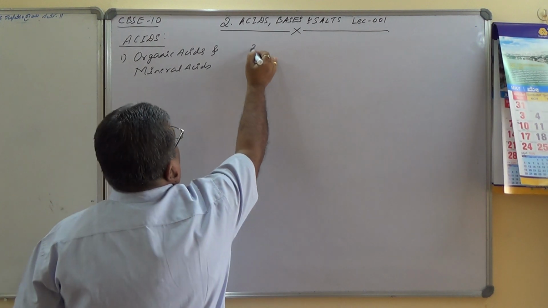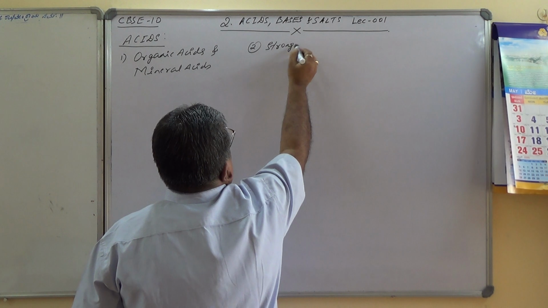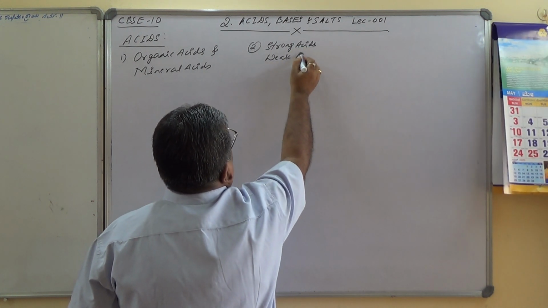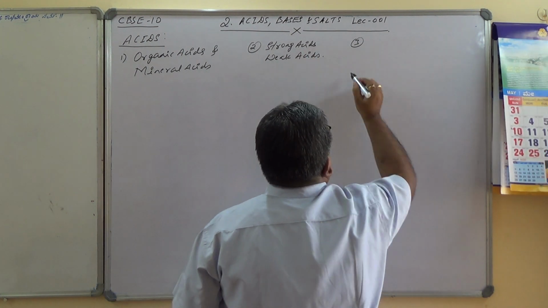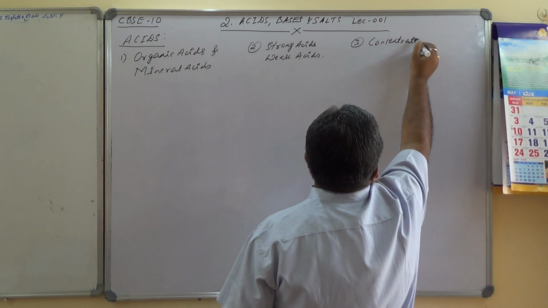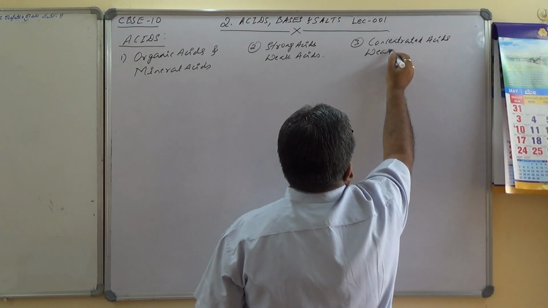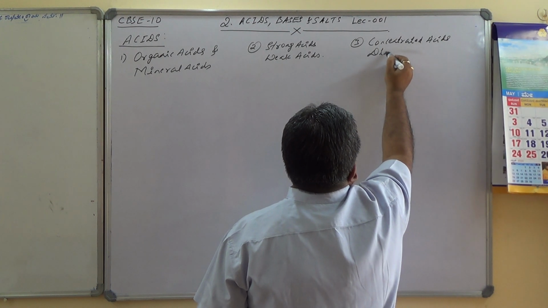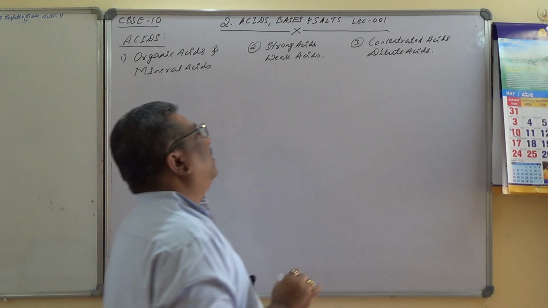Second, strong acids and weak acids, and third category can be concentrated acids and dilute acids. These are very simple types.